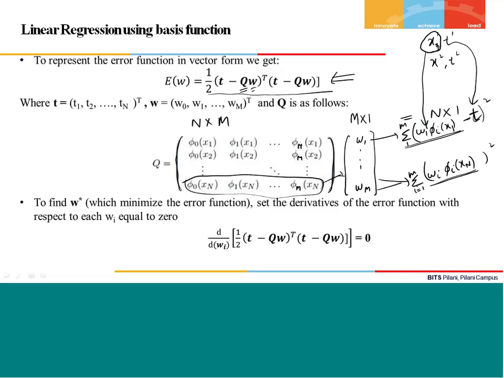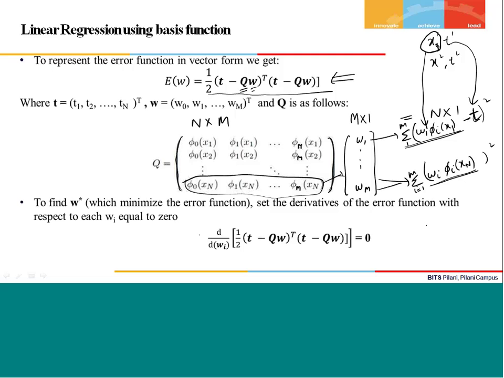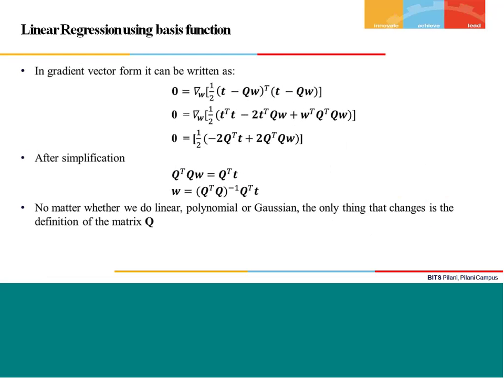I need to differentiate it to find out the minimum of it, right? So this is when I differentiate it. This is the same function, I just multiply it. So I can write this notation as T transpose minus Q W transpose, and this transpose you can write as W transpose Q transpose.